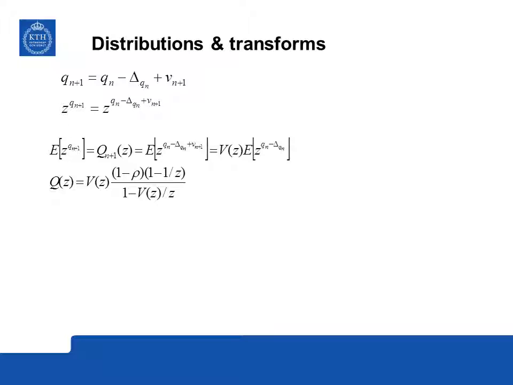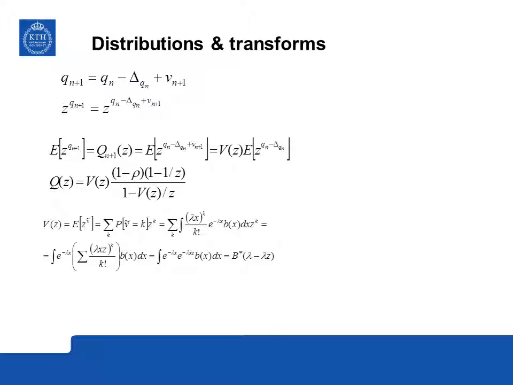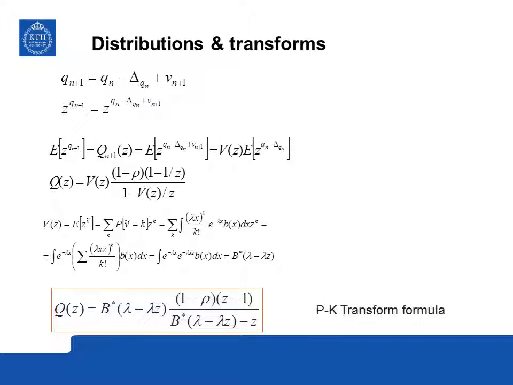And the latter one we can compute in the following way, which becomes B star of lambda minus lambda z. B star is the Laplace transform of the service time distribution. And putting these two things together, we get an expression that relates the queue size to the distribution of the service time, B star, in the following way. This is also referred to as the PK or Pollaczek-Khinchin transform formula.